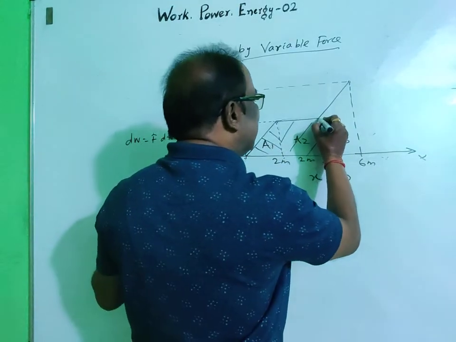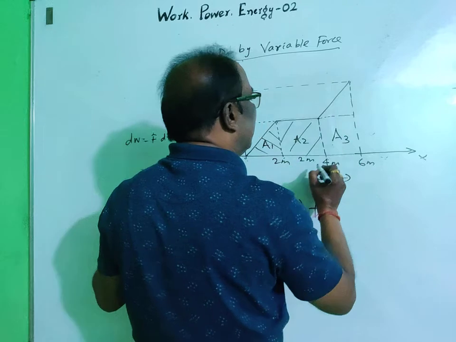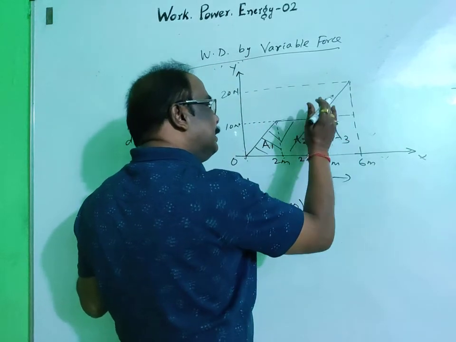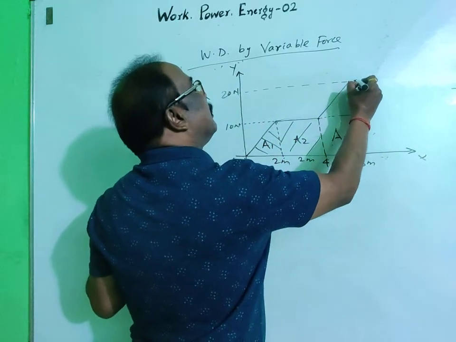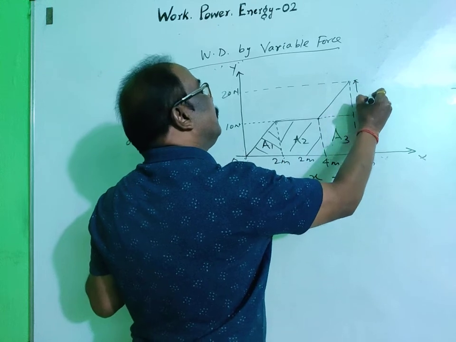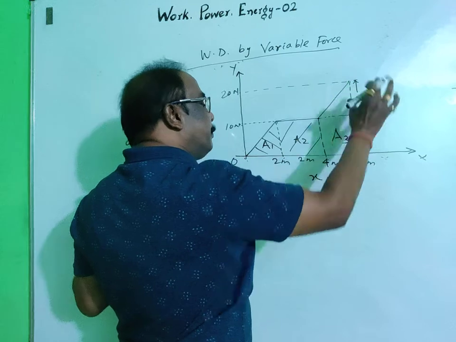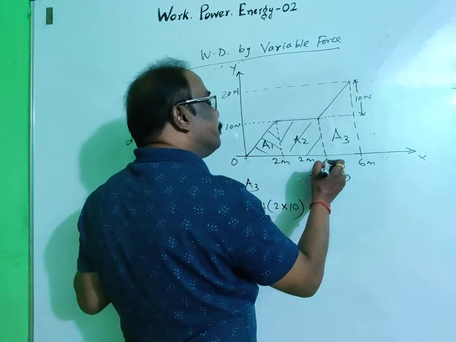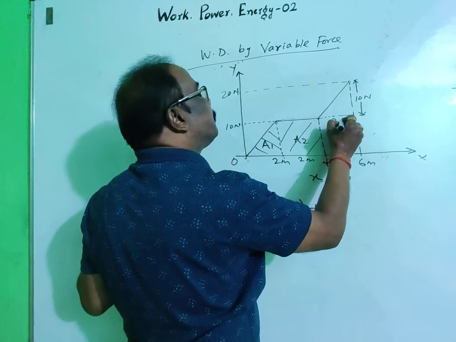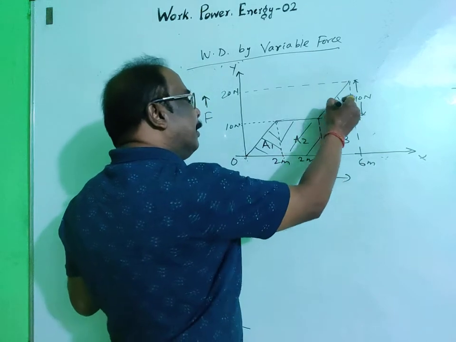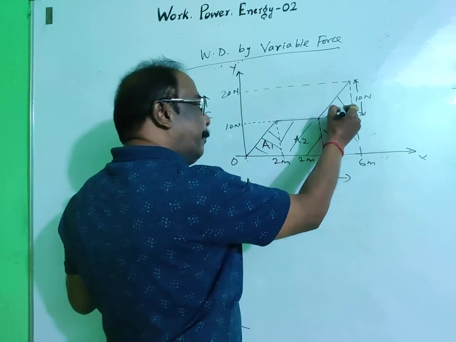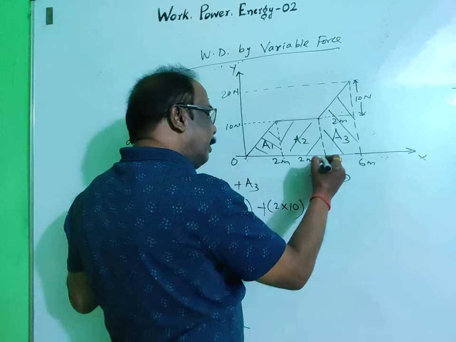To calculate this area in the easiest way, divide the area into two parts. This perpendicular, from 10 Newton to 20 Newton, is 10 Newton, and this base from 4 meter to 6 meter means 2 meter. Then total area is area of triangle plus area of rectangle.